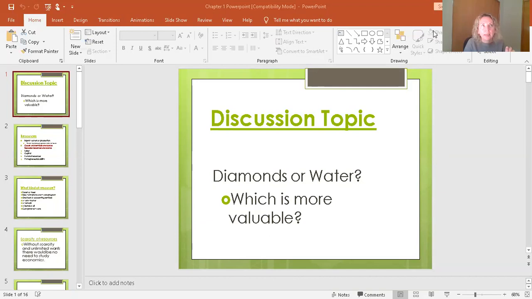Marginal value is the additional incremental value of something. So 1 unit of diamond right here today, right now, is worth more than 1 unit of water. Glass versus ring, right? Here today.